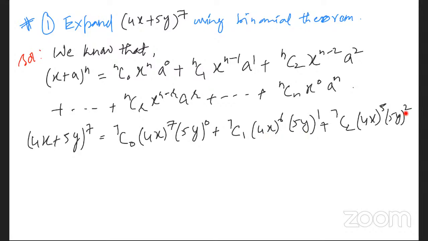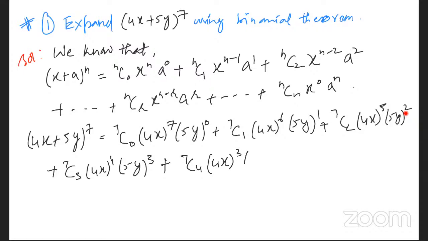It will become 5 and this will become 2, plus 7C3 (4x)^4 (5y)^3, plus 7C4 (4x)^3 (5y)^4, plus 7C5 (4x)^2 (5y)^5, plus 7C6.